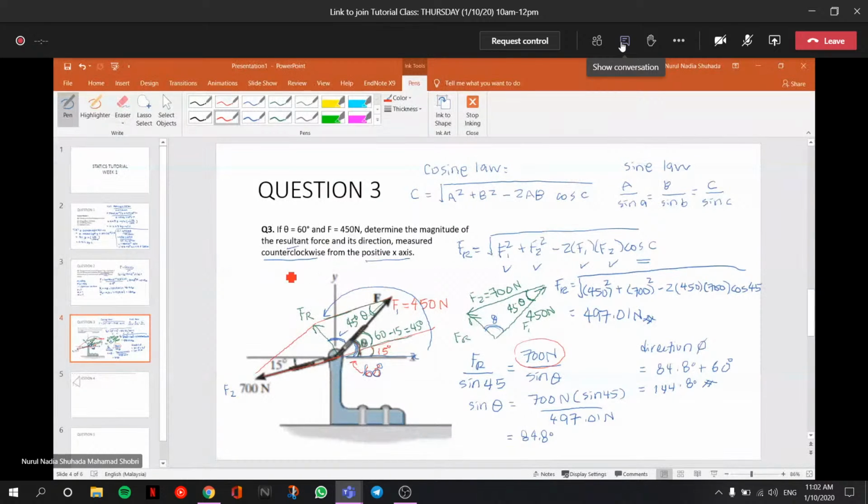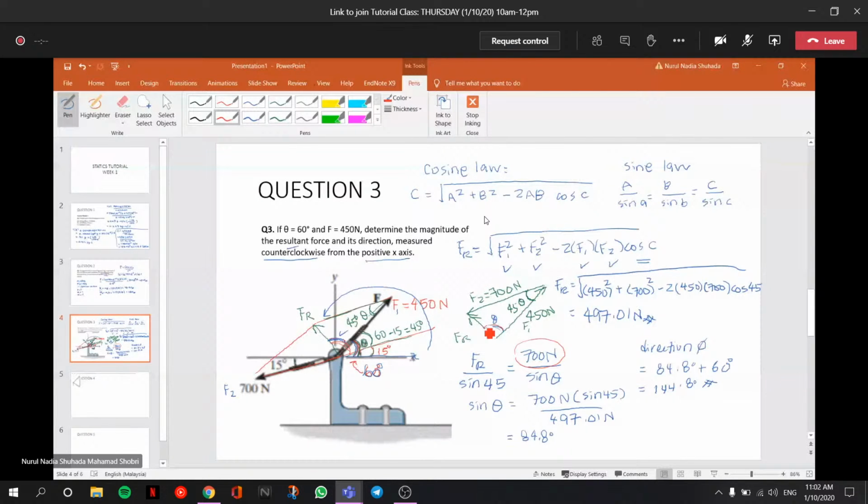So the positive x-axis would be right here, and the resultant force is here. So the angle that we have to find is this here. As you can see from the question, they already gave us the angle here, 60 degrees. So that means we have to find the remaining angle here. The remaining angle here is equal to this one.